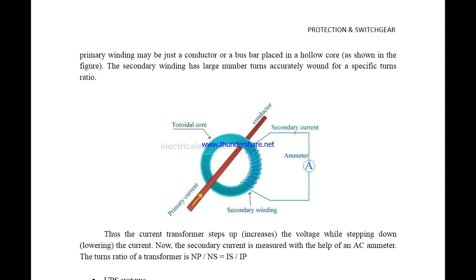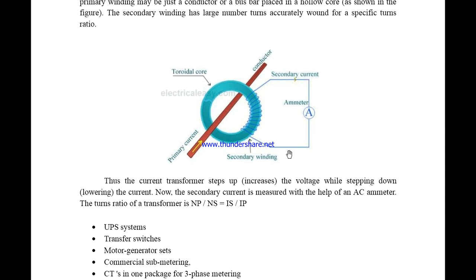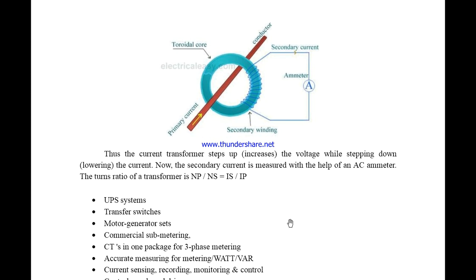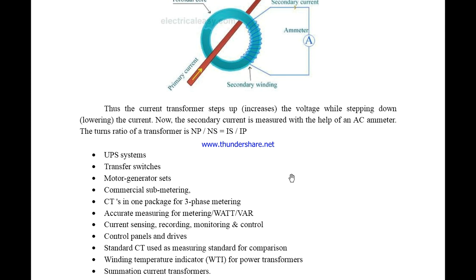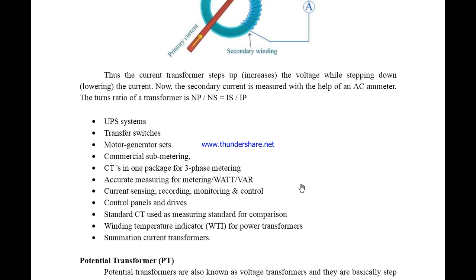The secondary winding is connected in parallel to an ammeter. Thus the current transformer steps up the voltage while stepping down the current. Now the secondary current is measured with the help of an AC ammeter. The turns ratio, we know, NP/NS = IS/IP. These are the areas where CTs are used for protection purposes.